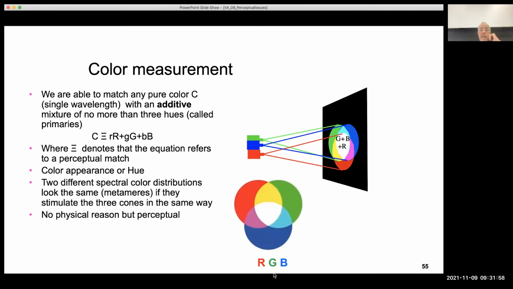And this is the use of RGB in a monitor typically, to produce not all, but most of the colors human beings are able to perceive.